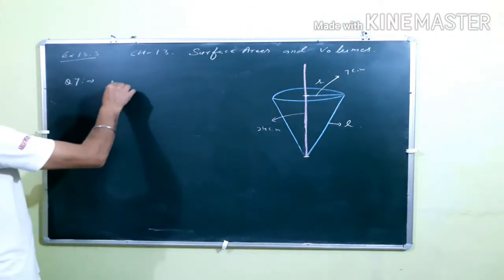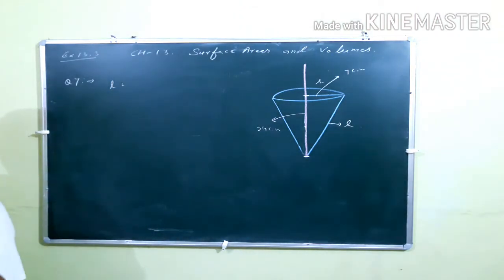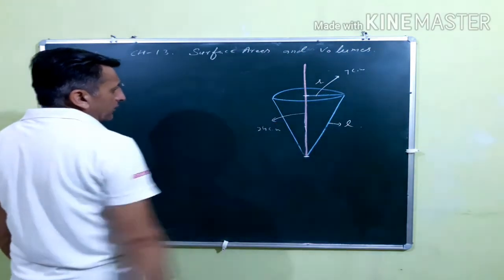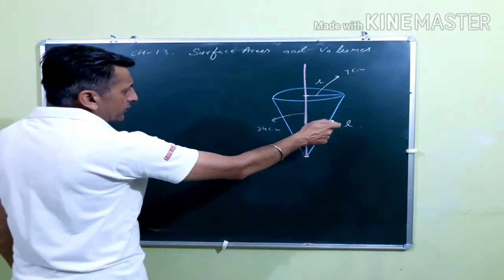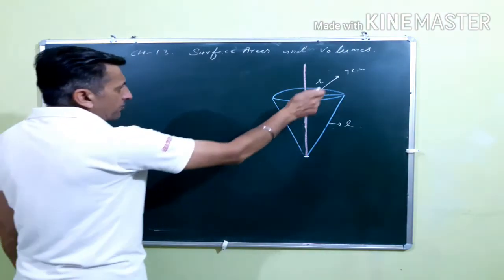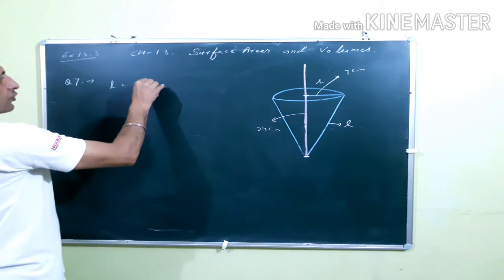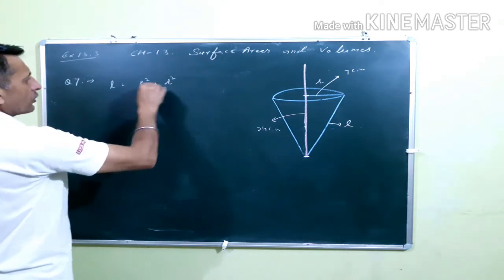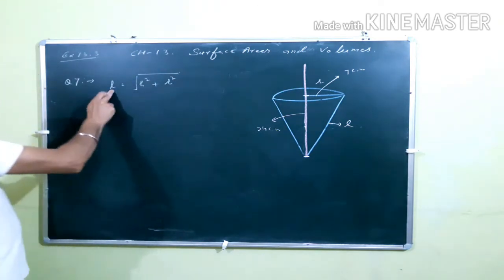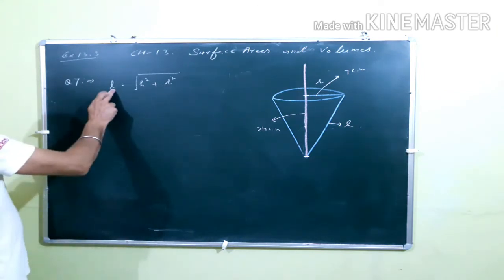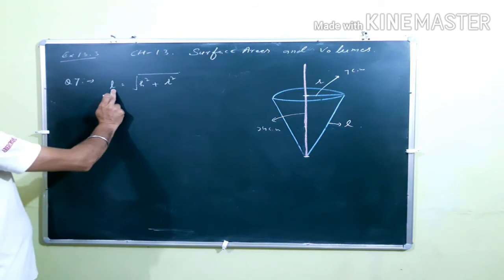As you know, what is the relation between L, R, H? L is the slant height, and this is a right angle triangle. In this case, hypotenuse is equal to the square root of base square plus perpendicular square. That means L is equal to the square root of H square plus R square. Actually it is L square, but we want to find L. We need L because we have to find the curved surface area.